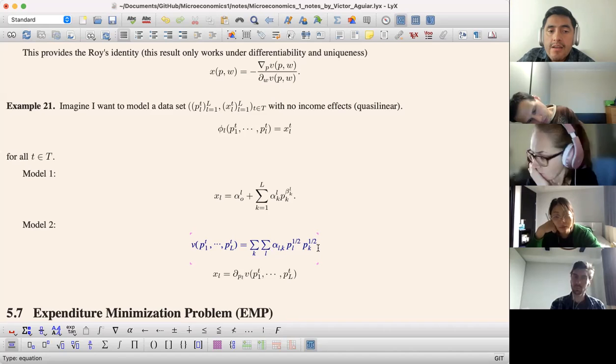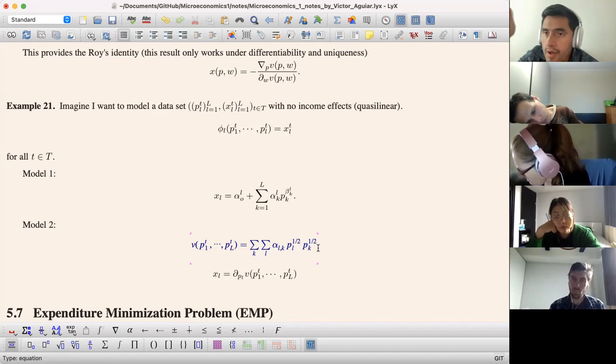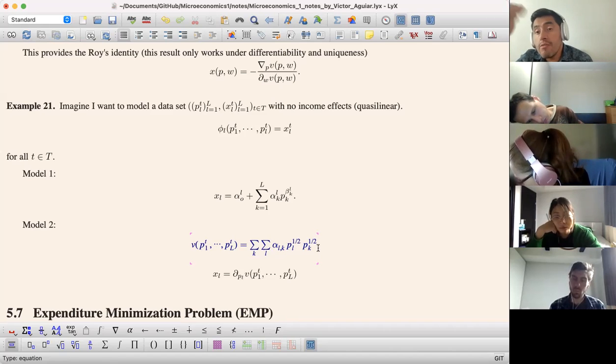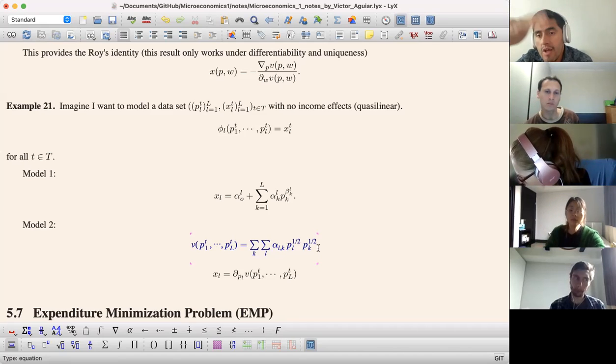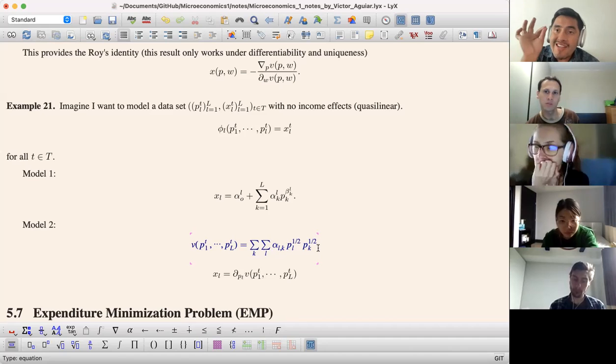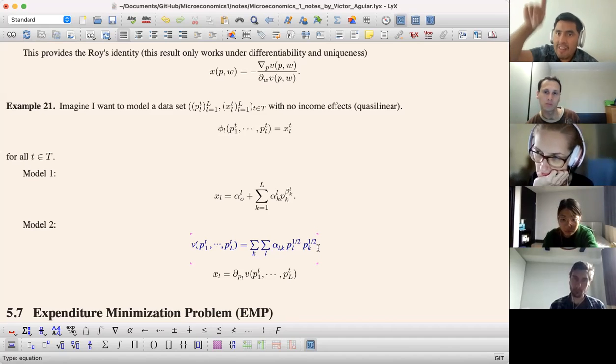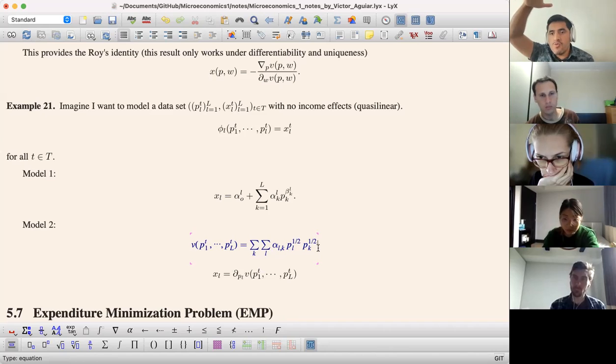And this indirect utility, again, let's fix income to 1 for simplicity, is a function of all prices, right? From 1 to L. But importantly, there is only a single scalar value instead of 1,000 indirect utilities, right? That's the magic of indirect utility. There is only one scalar value. You can project any huge vector into a real line, right?